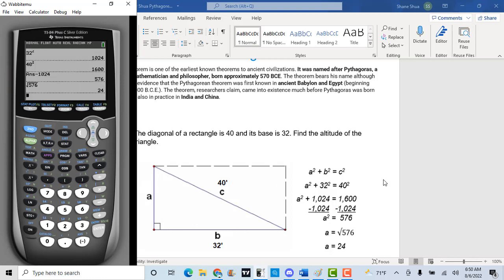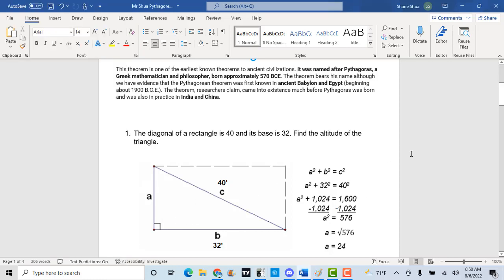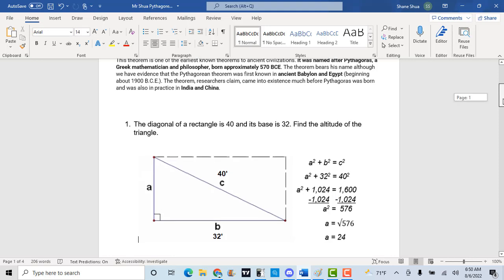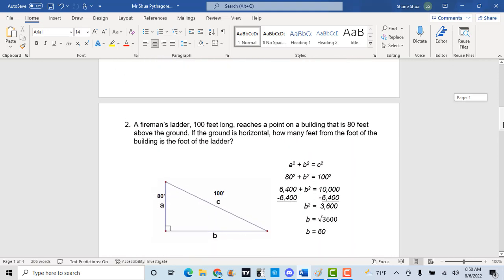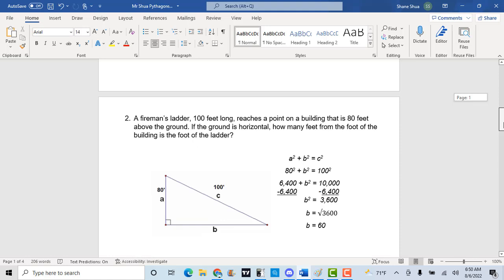So this was a pretty straightforward example. Let's take a look at another one here. All right, what do we have here? So it says, a fireman's ladder, which is 100 feet long, reaches a point on a building that is 80 feet above the ground. If the ground is horizontal, how many feet from the foot of the building is the foot of the ladder?